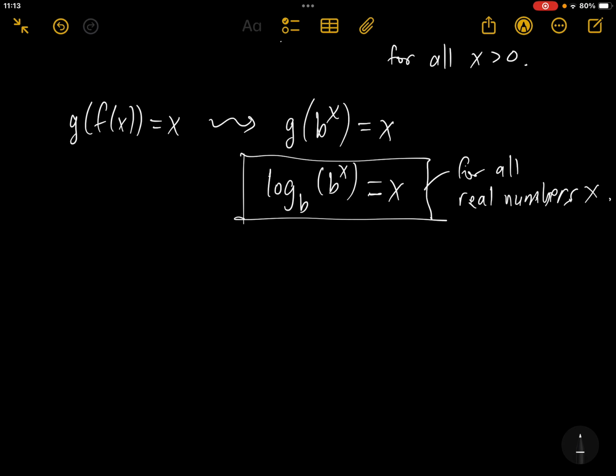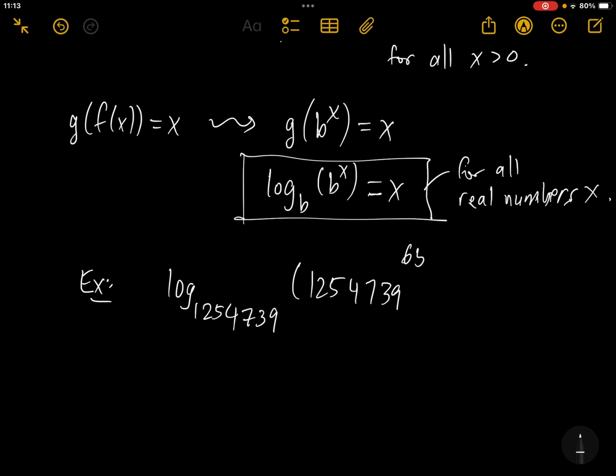So for instance, if you had log sub 1254739 of 1254739 to the power of like 6,512, you don't have to figure out what this number is.